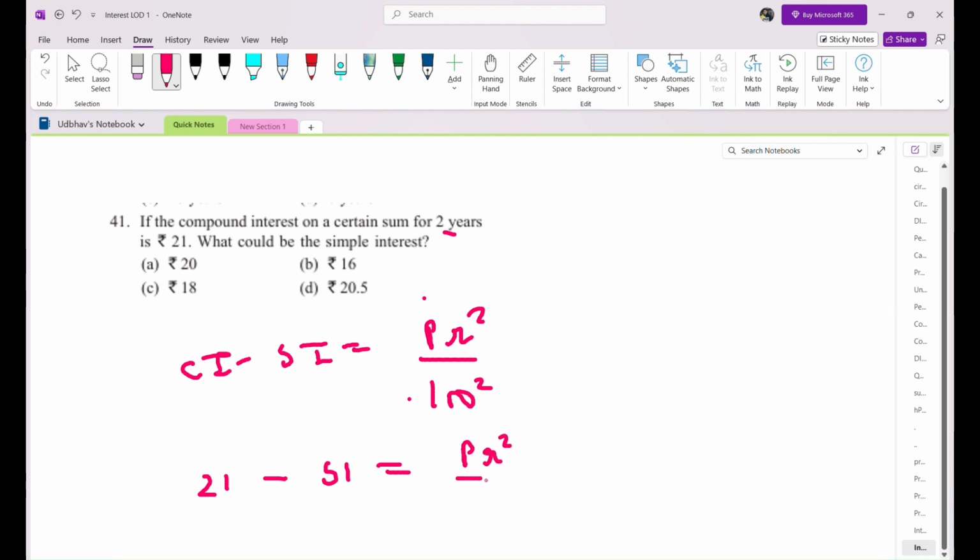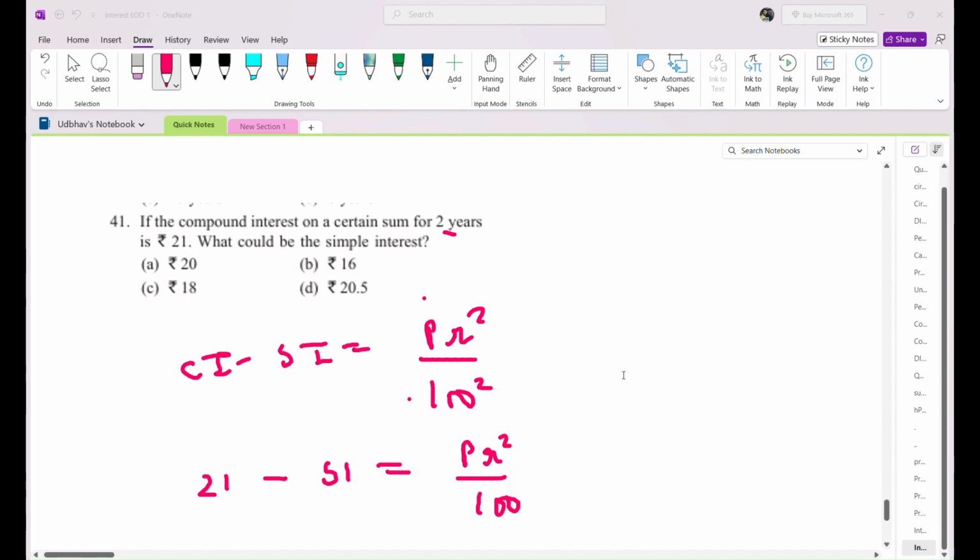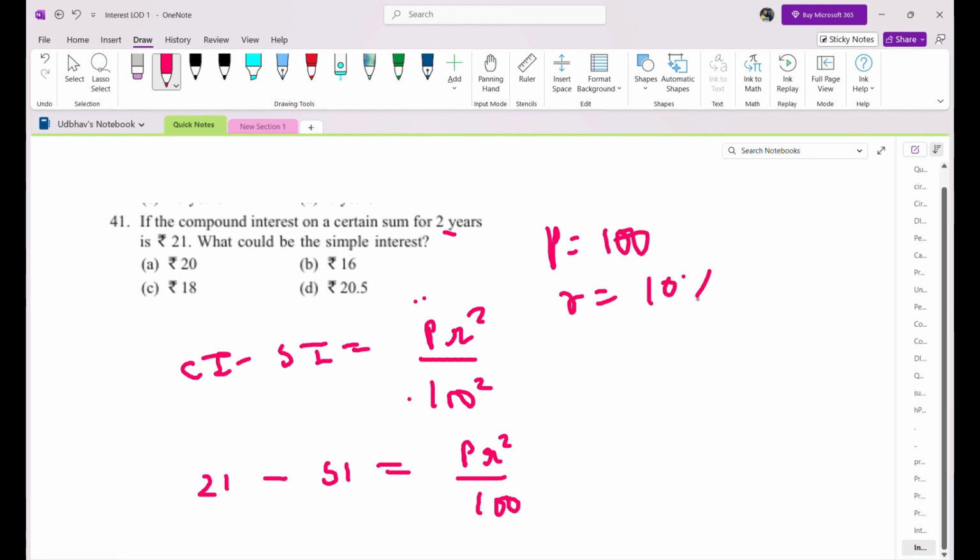PR square upon 100. We have to assume things here. If we take the principal as 100, we can just assume the principal is 100 and the rate, let's say, 10%.